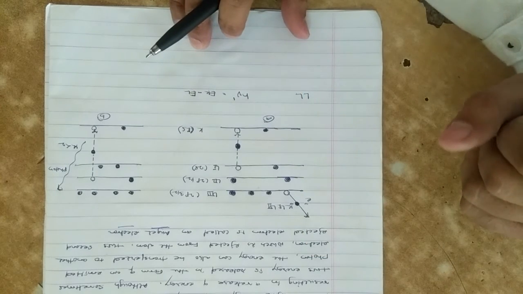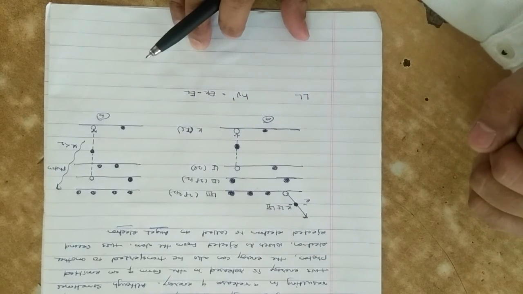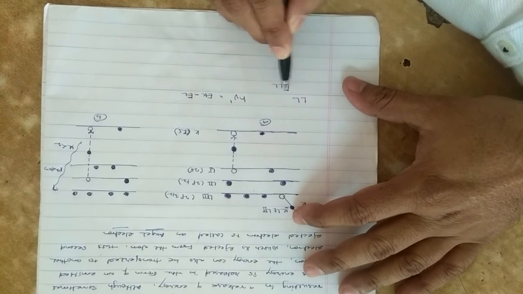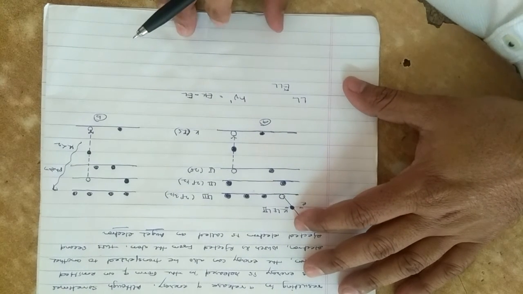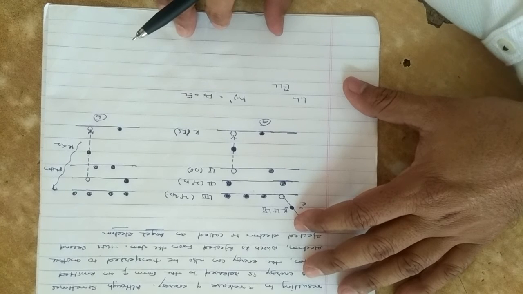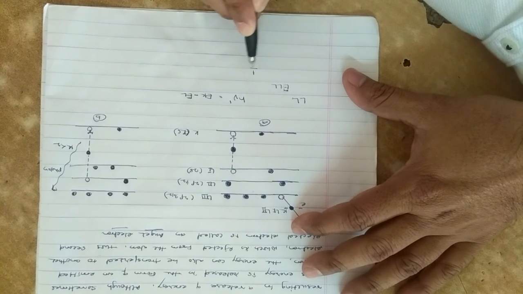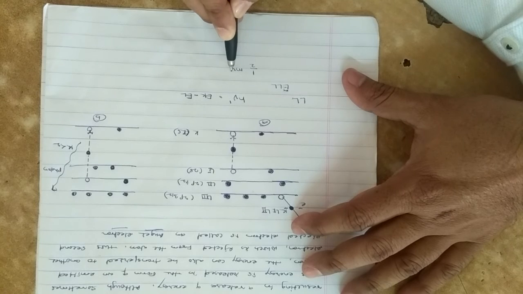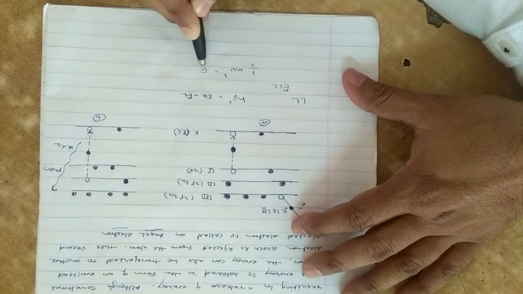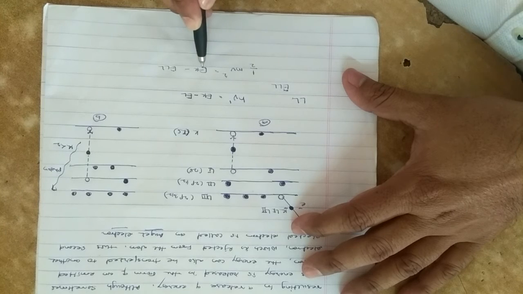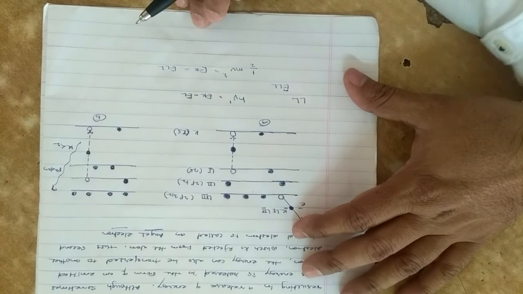Its energy is EL, because of two vacancies. The kinetic energy of the ejected second electron will be half m v squared equals Ek minus EL, where K means the K shell.